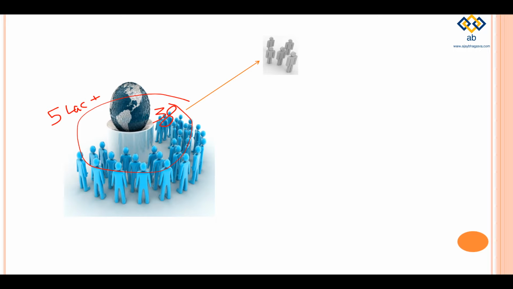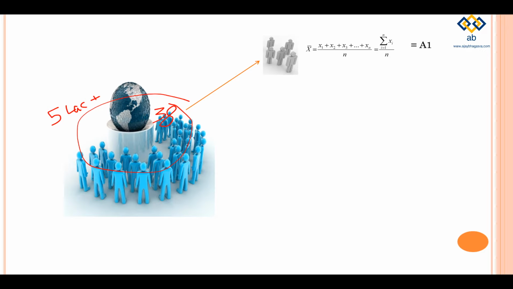These people are A1, A2, A3, A4, A5, or you take it as X1, X2, X3, X4 and X5, right? So I take the weight of these 5 people individually, and I take an average of these 5 weights and I call this average A1, right?